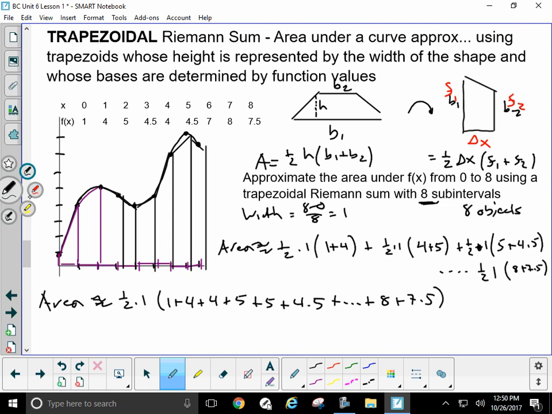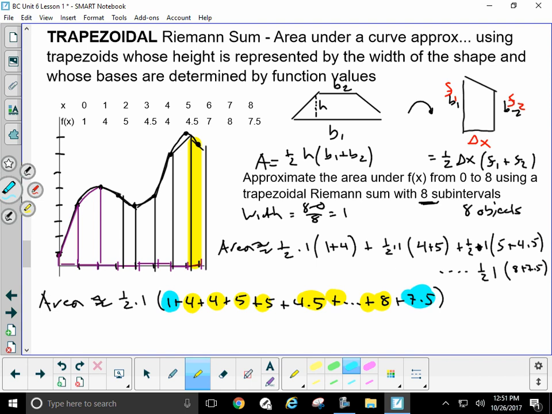Now, we should notice something. These heights in the middle are used in two trapezoids, right? We got the 4 from the first trapezoid, but then in the second trapezoid, we use the 4 again. We got the 5 twice. We have the 4.5 twice. We'll have this 8 length in both this one and this one. So the 8 is twice. The only ones that occur once are the first height and the last height.